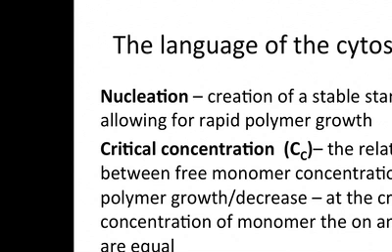And there's a relationship between that and whether or not you're going to have growth or shrinkage of a polymer. And so the critical concentration is when the on and off rates are equal. So you're going to have a monomer added to the polymer, or you'll have it leaving the polymer, and that's when you have shrinkage. And so when you're at that steady state, that's your critical concentration.